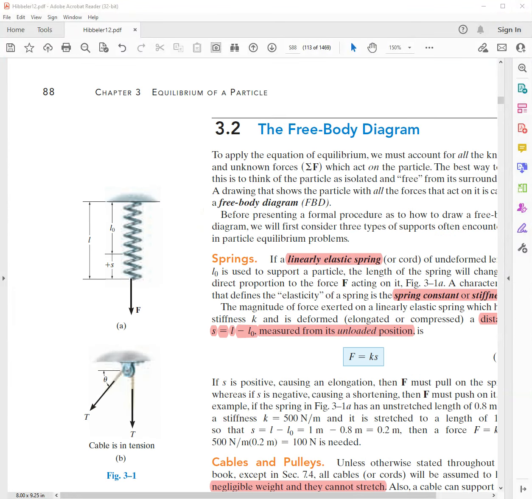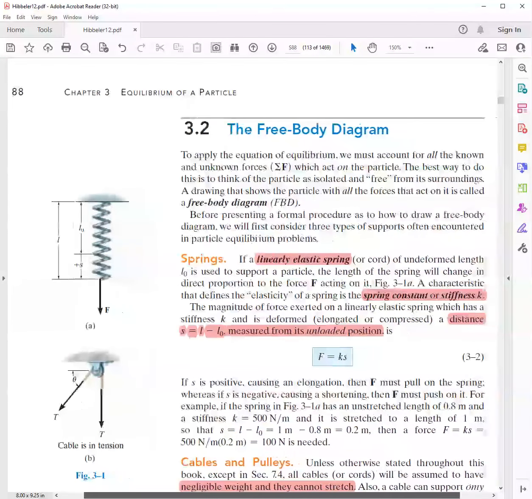Okay, so essential in solving equilibrium problems is to draw what are called free body diagrams. So we're going to delimit the shapes of bodies of interest and show the effect of the surrounding bodies as forces.